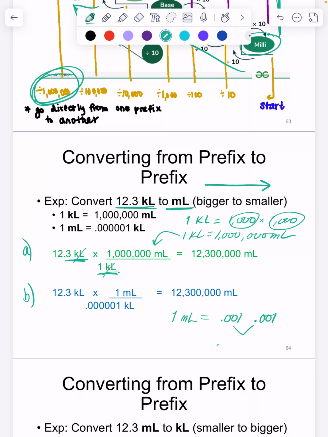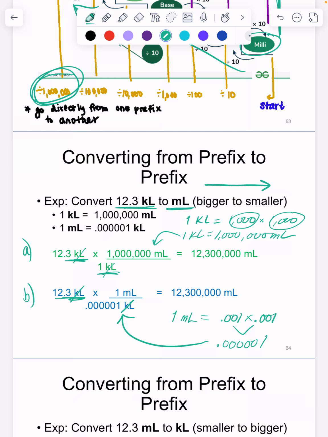Add those together, and that's our big long number that we're going to use as our conversion factor. So 12.3 kiloliters times 1 milliliter over 0.000001 kiloliters.